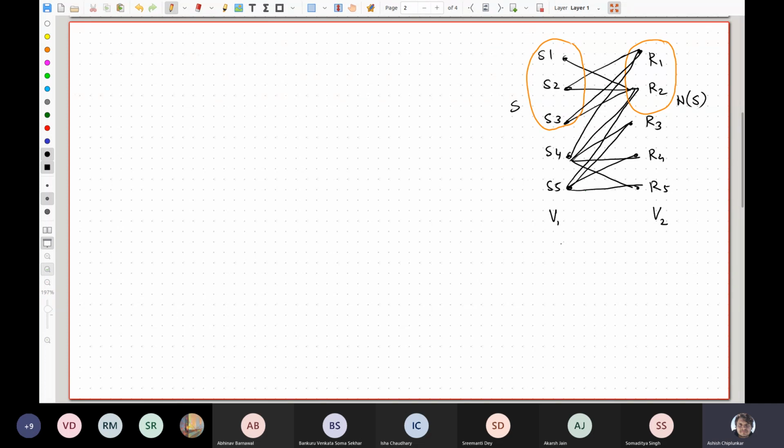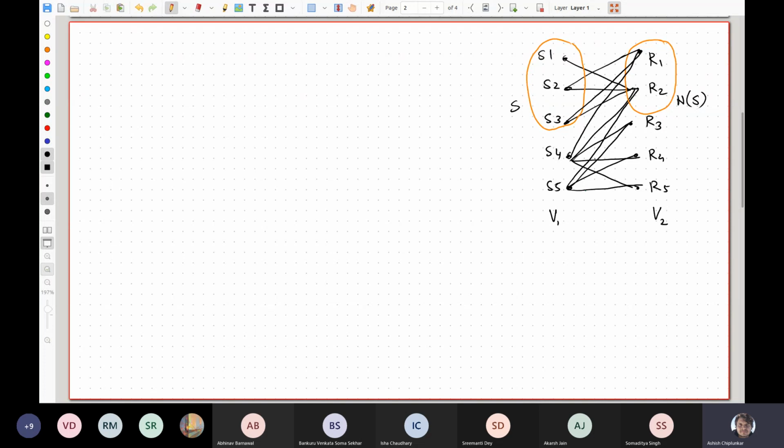Suppose it is guaranteed that in your bipartite graph, for every subset of vertices on the left hand side, its neighborhood is no smaller than the set itself. Then does that guarantee the existence of a matching which will match all vertices in V1? So this is the question we'll try to answer in, hopefully, the first half of the lecture.